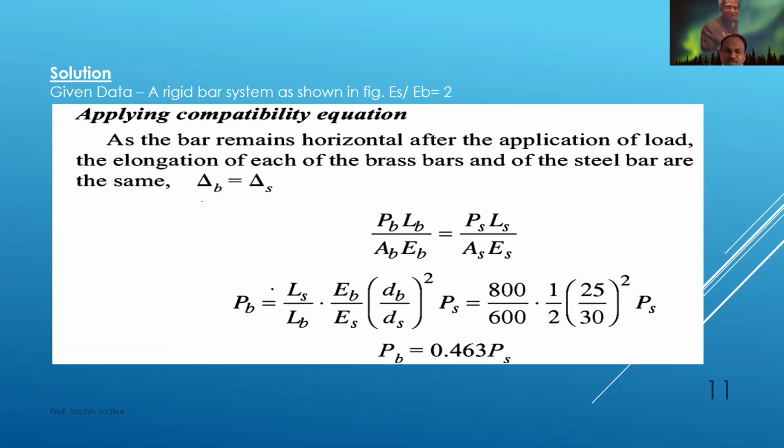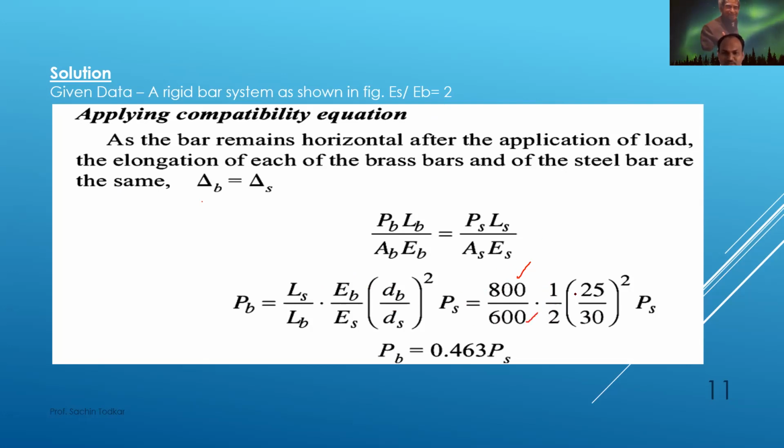Then we put the values: diameter of brass is 25, diameter of steel is 30. The ratio of ES upon EB is 2, so EB upon ES is equal to 1 upon 2. Length of steel is 800 mm. Length of brass is 600 mm.